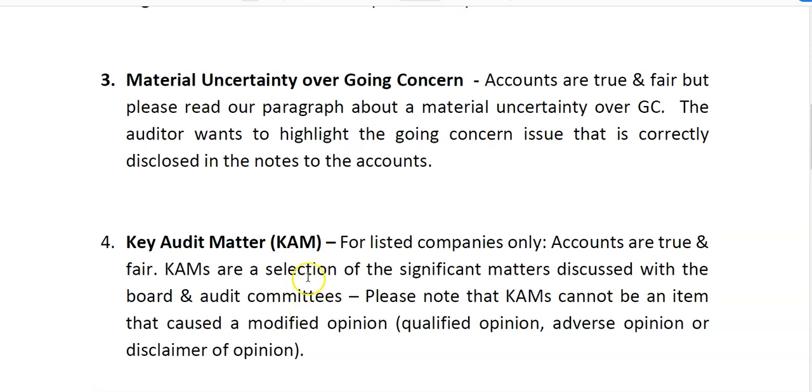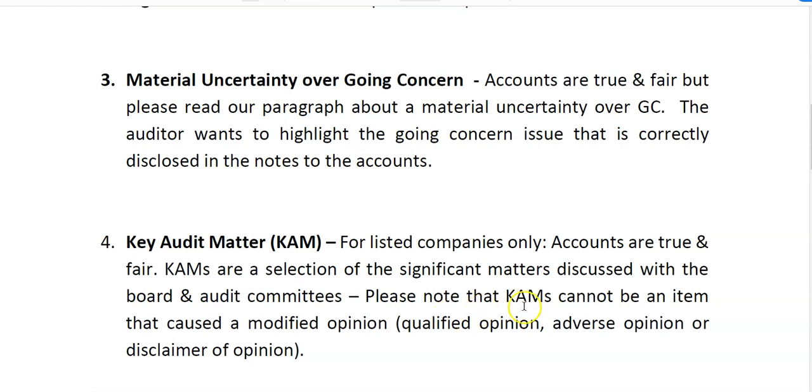And a key audit matter is something where there was potentially a risk of misstatement, but the auditors believe that it's been accounted for correctly. Therefore, the accounts are correct, and it's a non-modified opinion.